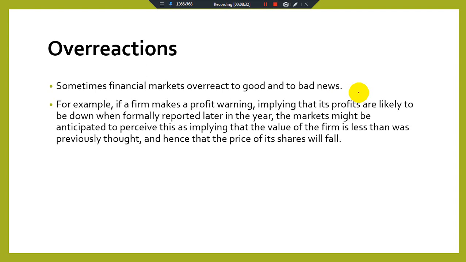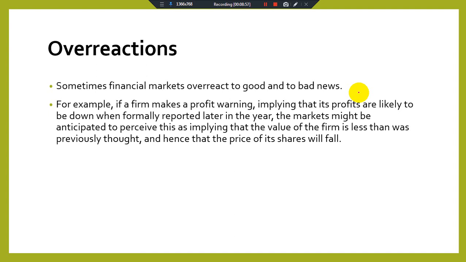For example, if a firm makes a profit warning implying that its profits are likely to be down when formally reported later in the year, the markets might be anticipated to perceive this as implying that the value of the firm is less than was previously thought, and hence that the price of its share will fall.